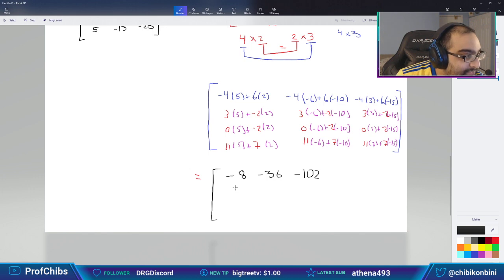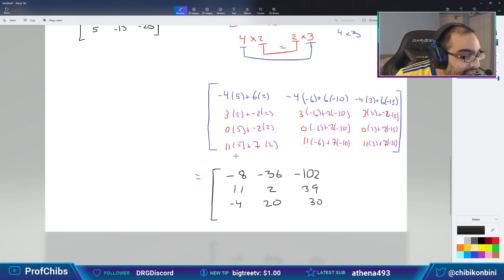15 minus 4, 11. Negative 18 plus 20, that's 2. 9 plus 30, 39. With 0, we get minus 4. 0 just cancels stuff out. Negative 2 times negative 10 is positive 20. Negative 2 times negative 15 is 30.